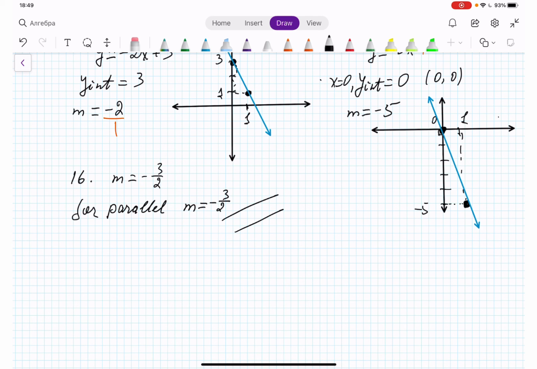In this case, I had to draw down because slope is negative, but that's okay. I was explaining the concept. For perpendicular, you have to use the reciprocal and flip the sign. For perpendicular, m is going to be equal to 2/3, and flipping the sign, also positive. Okay? For perpendicular.